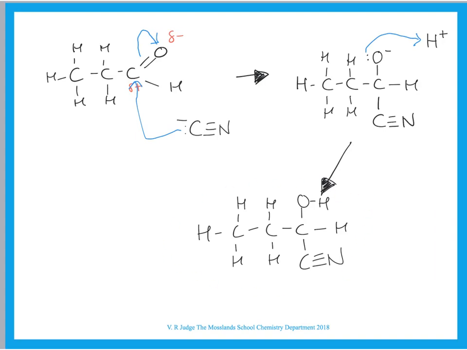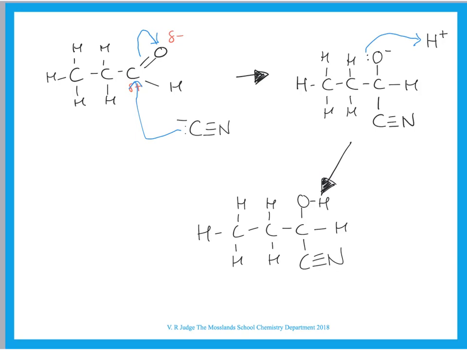The electrons from the double bonded oxygen moved up onto here, and those electrons then attacked the hydrogen, giving you a hydroxyl group, and the cyanide ion attacked the carbon and formed a bond there, so you've got the cyanide group added in. This is known as a hydroxynitrile. The nitrile part, that functional group there, takes the suffix, giving the alcohol group the prefix hydroxy.